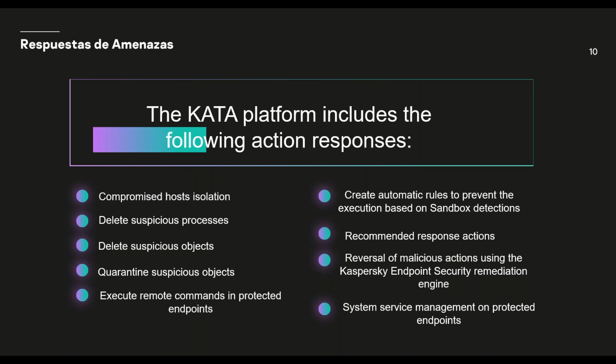We can create automatic rules to prevent the execution based on sandbox detections, right? So what does that mean? It means that Kaspersky anti-targeted attack, once it detects a suspicious file, is going to execute it and analyze it in the sandbox environment.